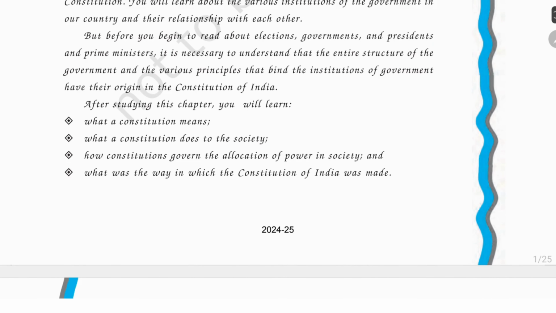But before you begin to read about elections, governments, and presidents and prime ministers, it is necessary to understand that the entire structure of the government and the various principles that bind the institutions of government have their origin in the Constitution of India. After studying this chapter, you will learn what a constitution means, what a constitution does to the society, how constitutions govern the allocation of power in society, and what was the way in which the Constitution of India was made.